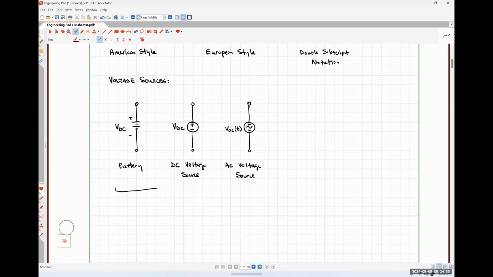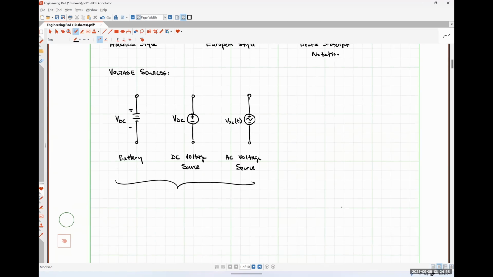And these 3 voltage sources are examples of what are called independent sources. So what the independent source means is that the voltage that is provided by these sources is fixed and does not matter what the source is connected to. So if you hold a battery in your hand, it provides some amount of DC voltage.